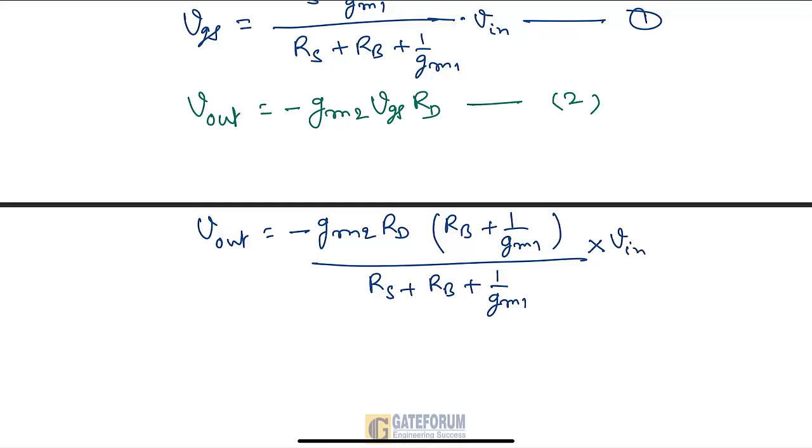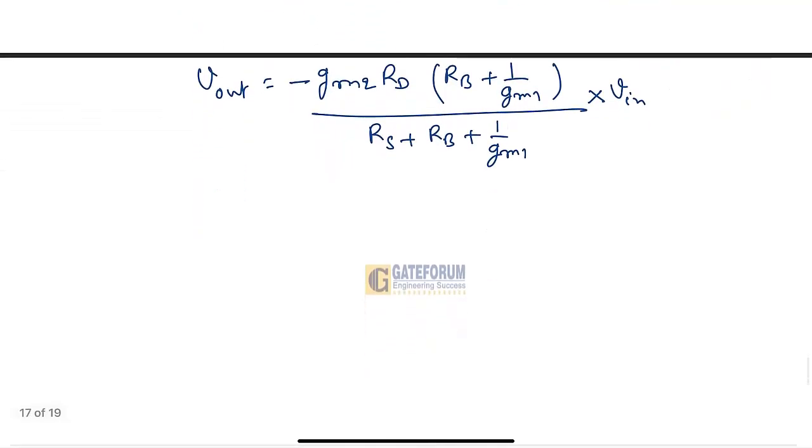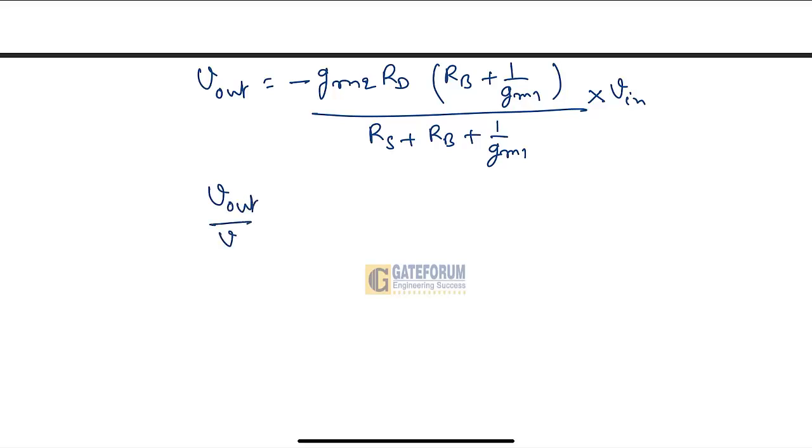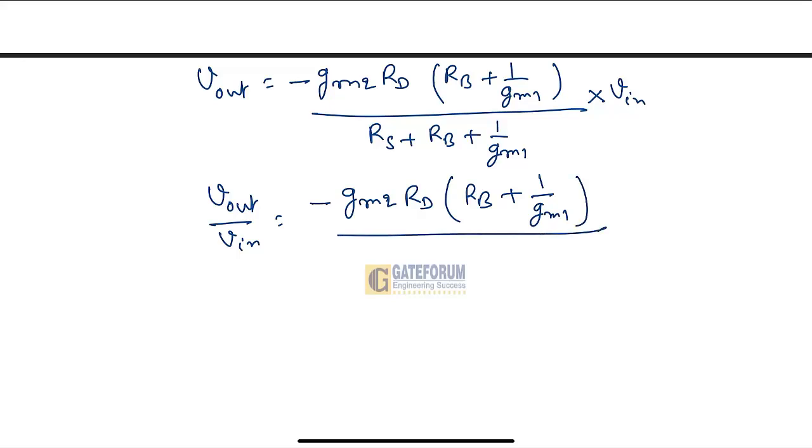The gain is defined as Vout by Vin. So Vout/Vin = -gm2 RD (RB + 1/gm1) / (RS + RB + 1/gm1).